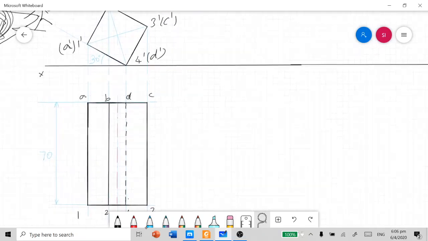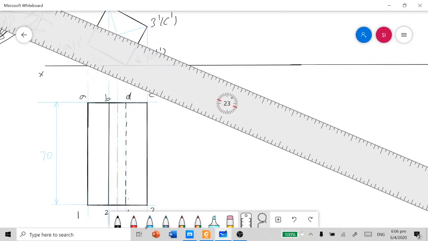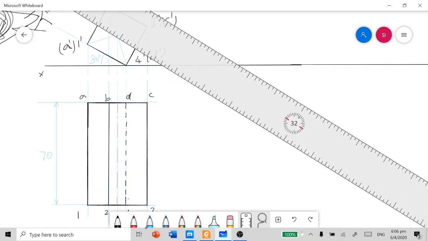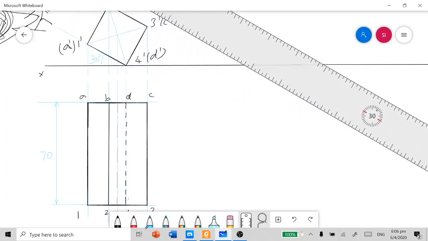First, I need to draw a pilot line which is having 30 degree inclination with the VP. So I need to draw it 30 degrees inclined to the XY line in the top view area.